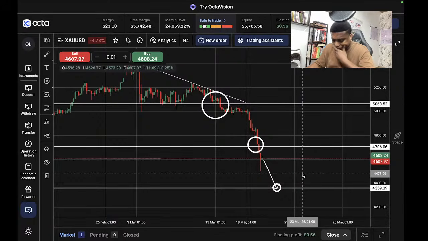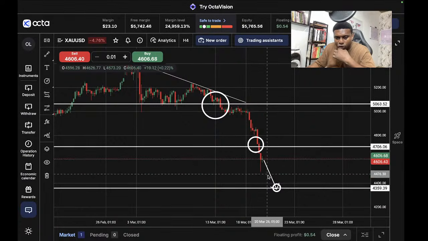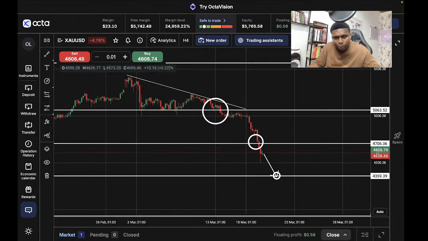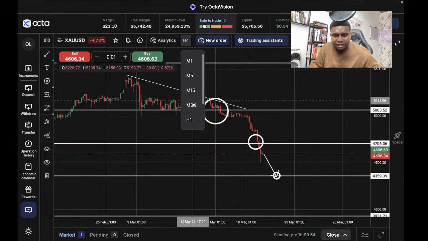Are we together? So there's a likelihood that price will drop further from this level. So how do we position ourselves? Let's go down to the 1 hour time frame.